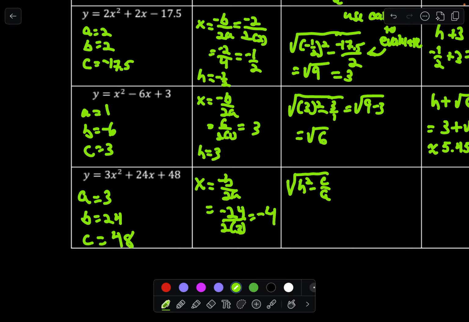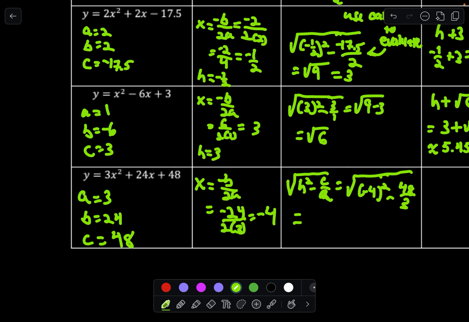I just like to write this so you can remember it. That's going to be the square root of negative 4 squared minus C, which in this equation was 48, over A, which is 3. So it's minus 48 over 3.